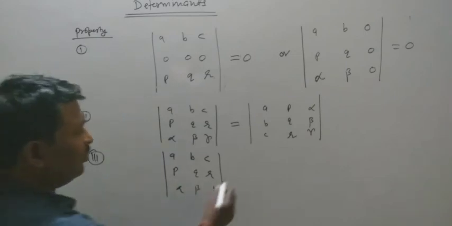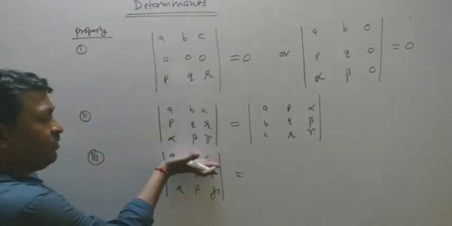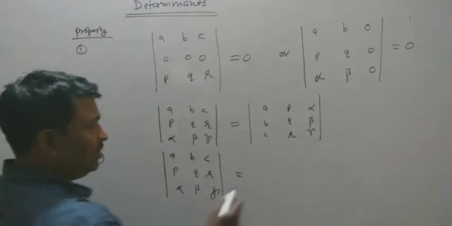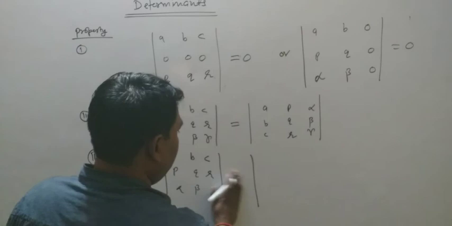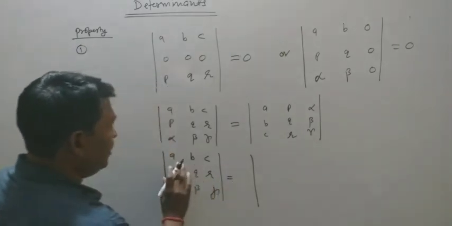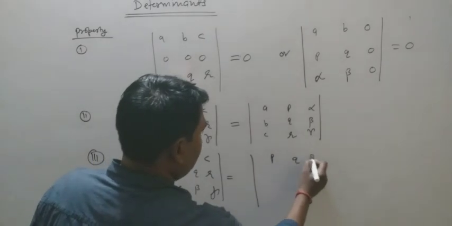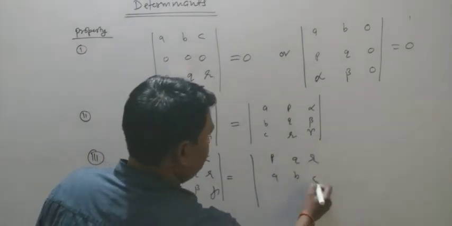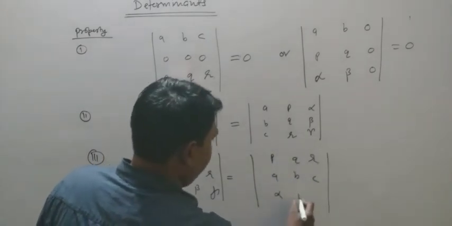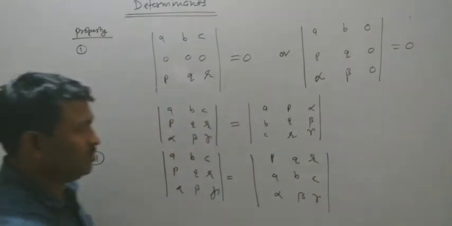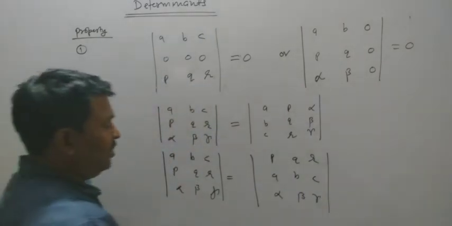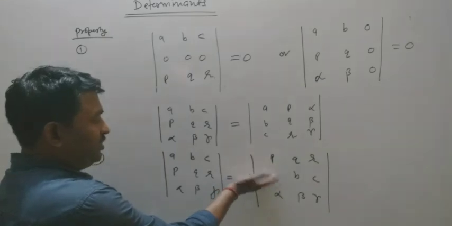Now suppose I have interchanged the first and second rows. Now see, after interchanging the first and second rows, here P, Q, R and here A, B, C, and this alpha, beta, gamma is unchanged.